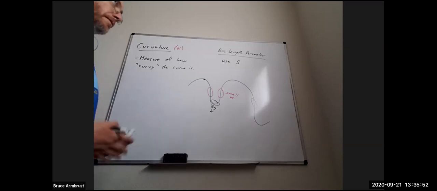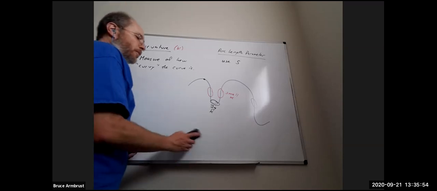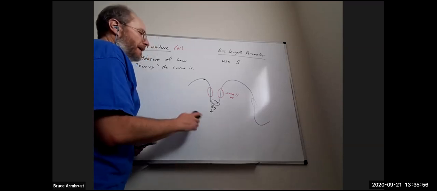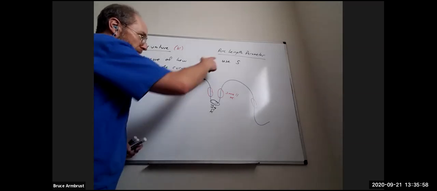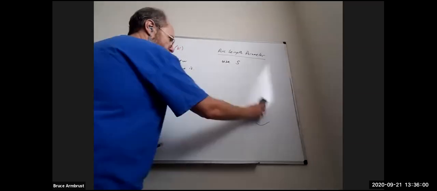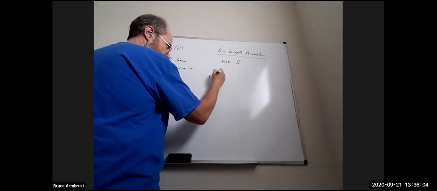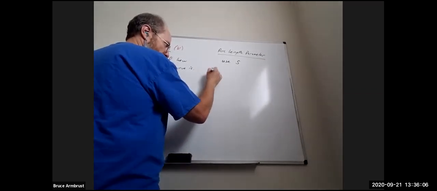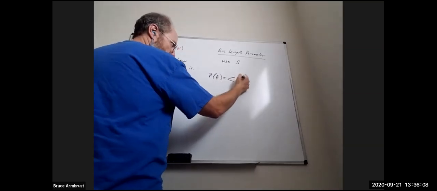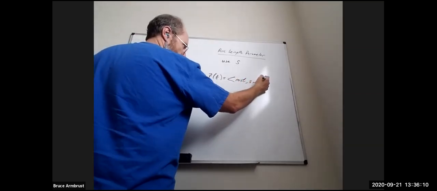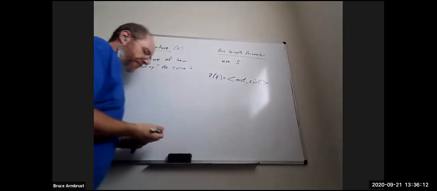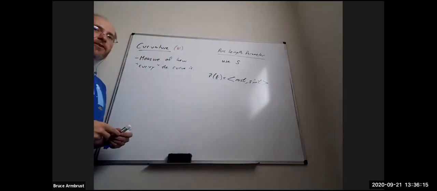Let me give you an example with a function that you know well, because we're going to be able to describe it pretty easily using arc length. Let's go to this one. We'll go 2D. What shape is that?